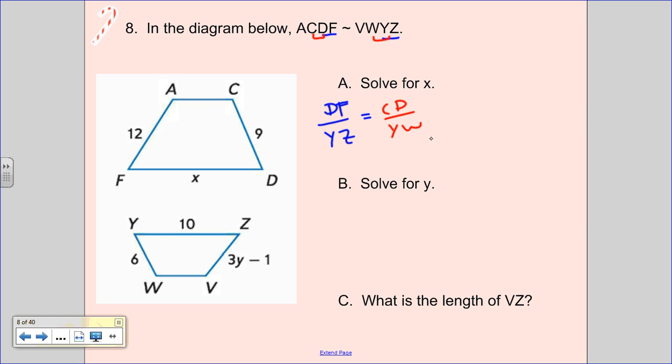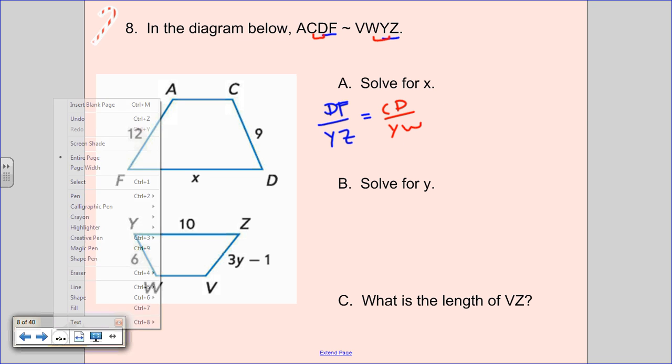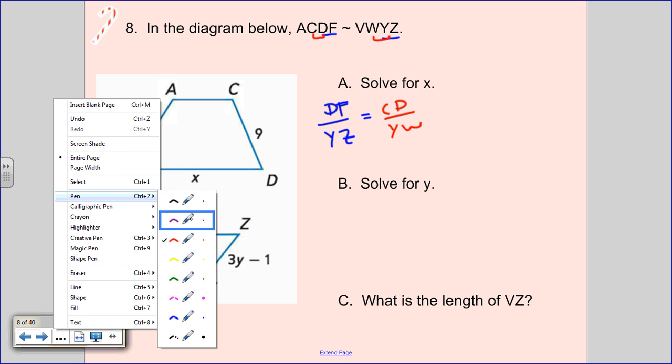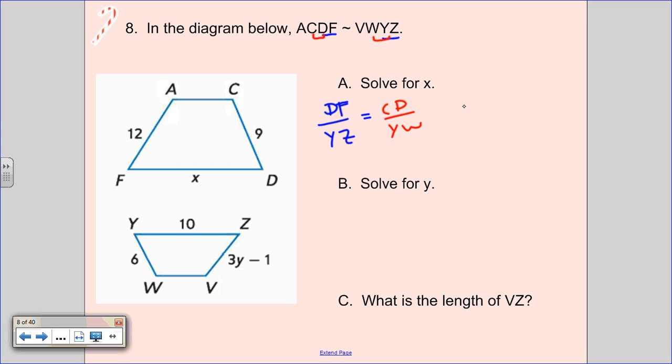Okay, so this is going to help us find x. So DF is x, YZ is 10, CD is 9, and YW is 6. So again, to solve this, we can cross multiply.